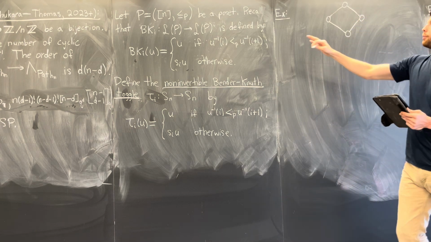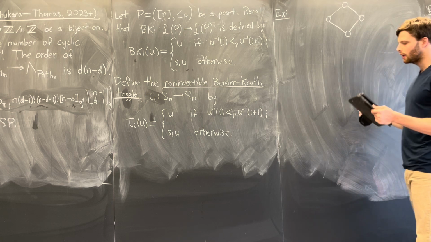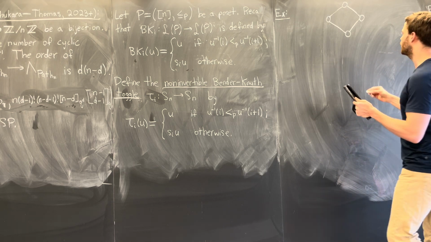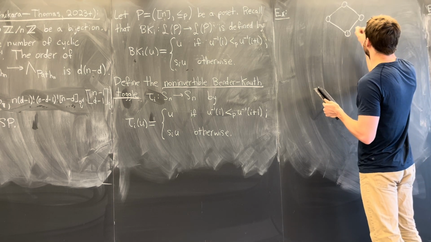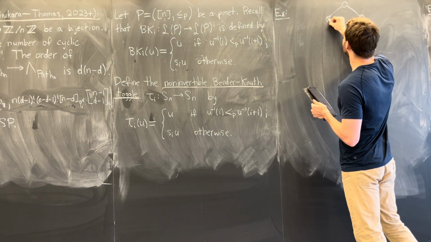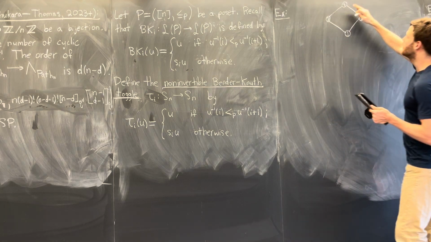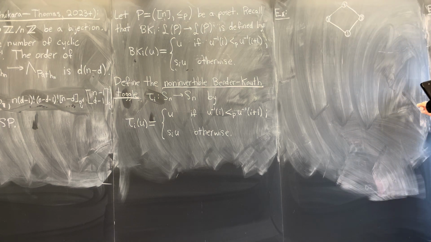And I want to think of the poset as being a partial order on the numbers from 1 to 4. Here n is 4. So I'm going to put the numbers inside these little circles. So this is the number 1, and this is the number 2. This is the number 3. This is the number 4. So it's a poset on the numbers 1, 2, 3, and 4.